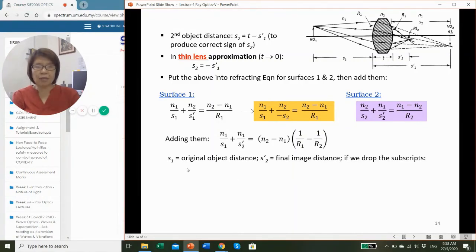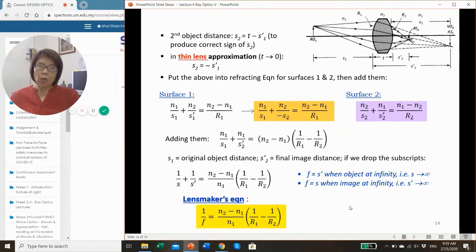So in this case now, s1 is the original object distance, and s2', which is over here, would be the final image distance. So we can drop the subscripts and write 1 over s plus 1 over s' is equal to (n2 minus n1), where n1 over here is brought over to the other side of the equation, and that's n1 here, into 1 over R1 minus 1 over R2.